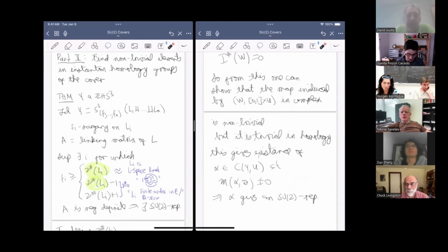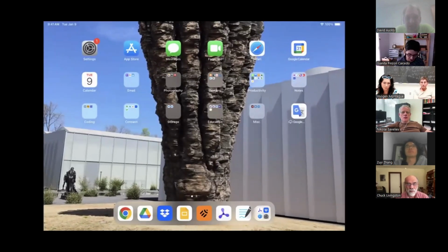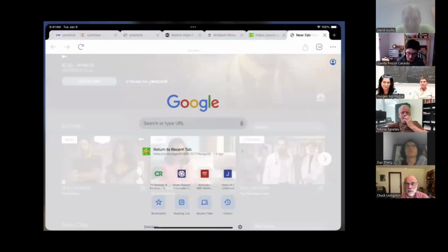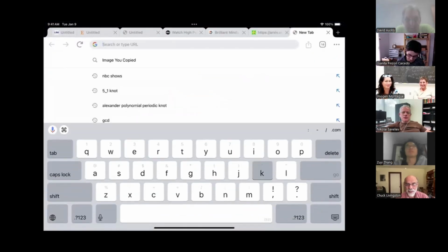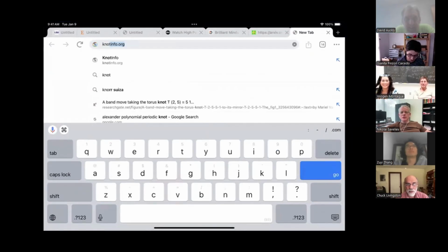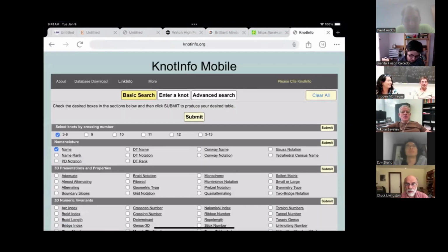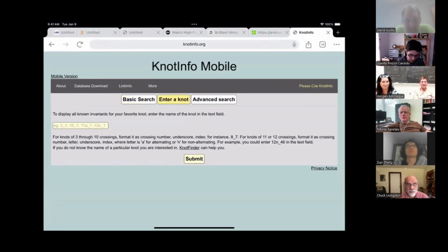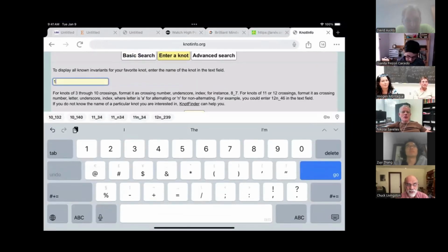I have it in my notes. I mean, we can check KnotInfo, right? It says that the usual signature is 0, but no signature function there somehow. I think so. 10132. Looks like you clicked on it.